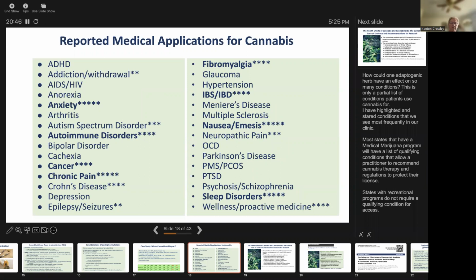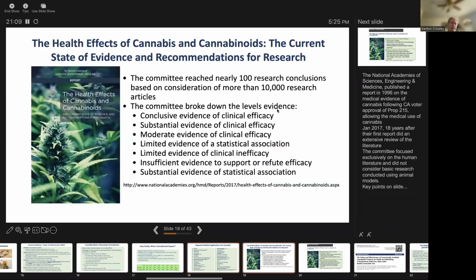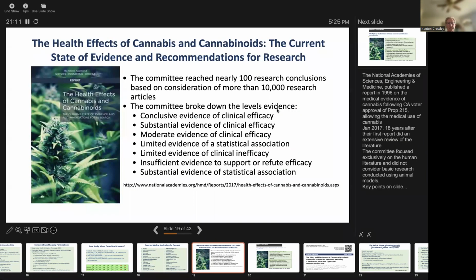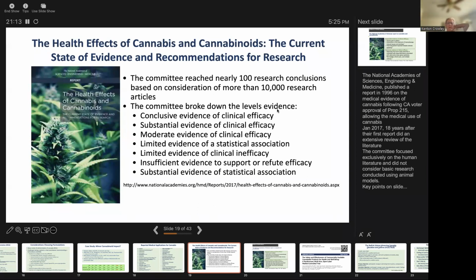Most states that have a medical marijuana program will have a list of qualifying conditions and allow a practitioner to recommend cannabis therapy and have regulations in place to protect their license. States with recreational programs do not require a qualifying condition for cannabis access.